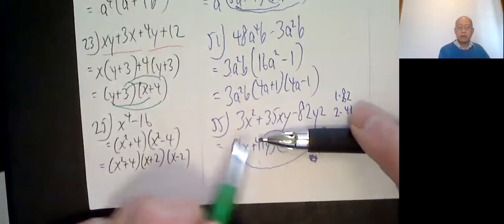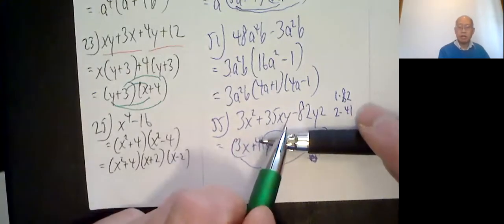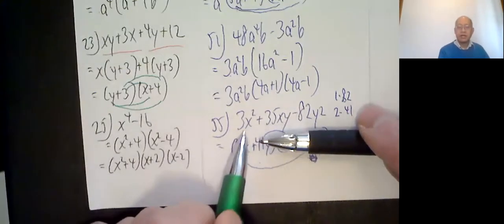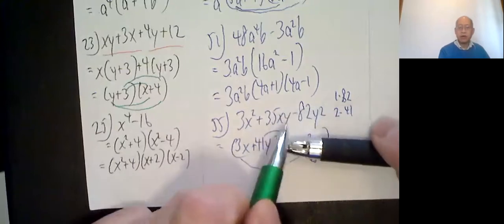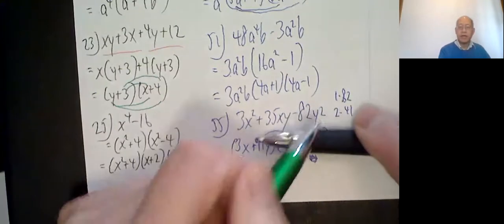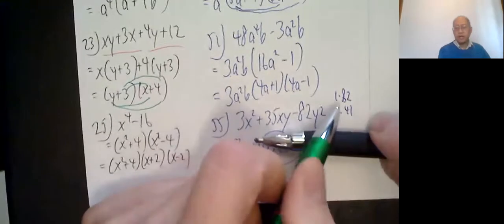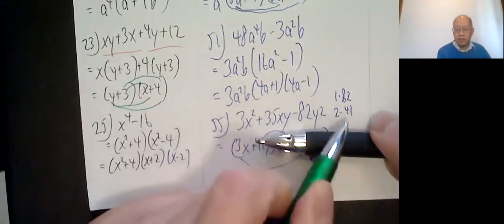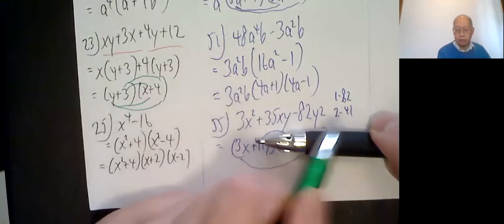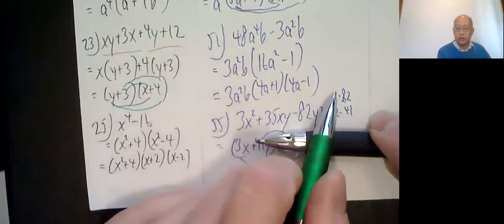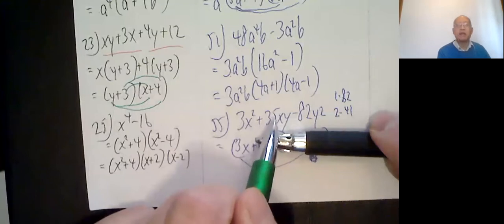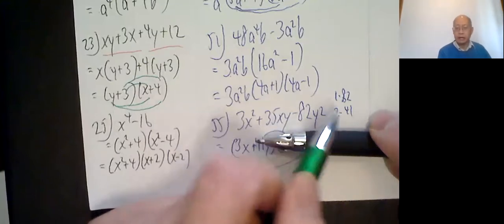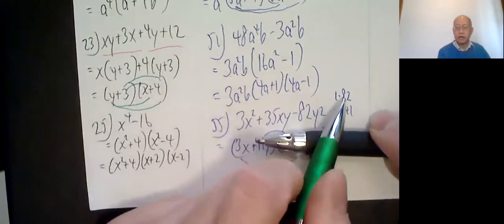55, 3x squared plus 35xy minus 82y squared. Well, x squared has to be x times x. Y squared has to be y times y. 82, 1 times 82 or 2 times 41. I'm looking for 35, which is closer to 41. So it's most likely we'll do the 2 and 41, not the 1 and 82. Now, if this number had been near 82, like 81, I would most likely say it's going to be this combination.